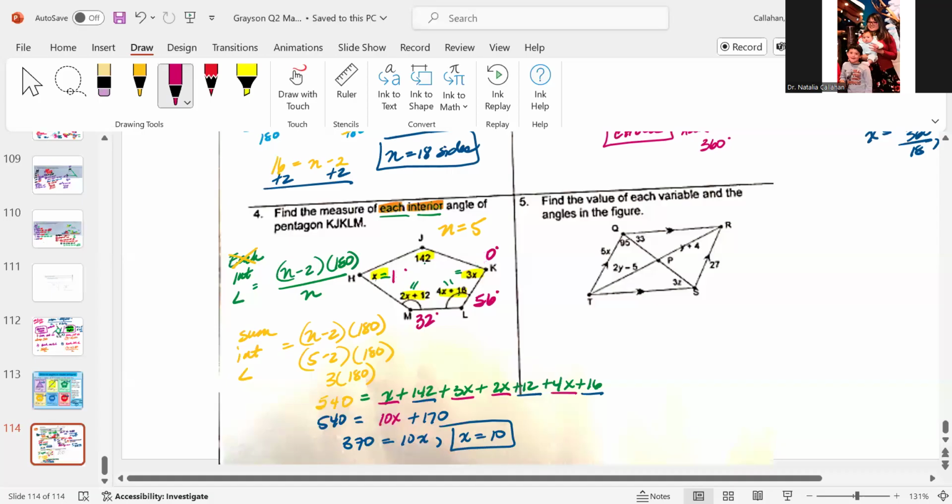Oh, I screwed this up. Hold on, go back and change it. It's 37. Yeah, so then plug it in. So your x first angle here is 37. J is 142, so you need to find it.